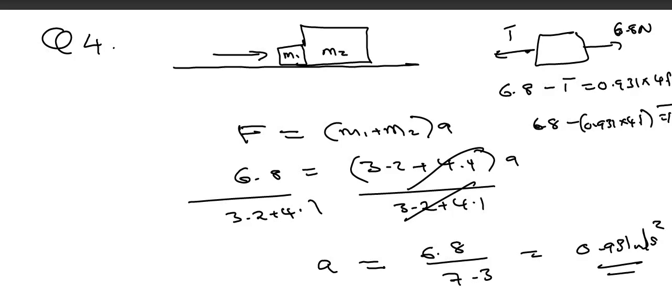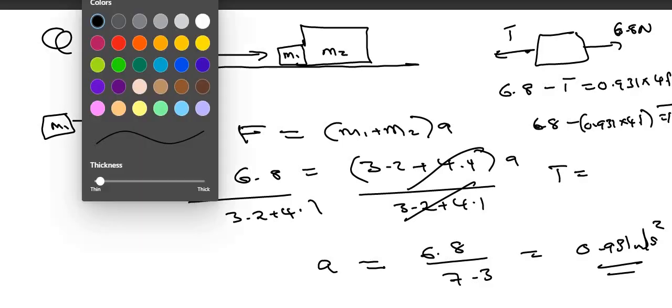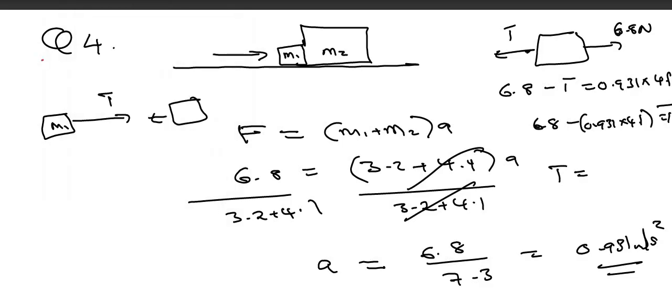Because they are pushing each other, with respect to M1, the tension is causing M1 to move. But with respect to M2, the tension is happening in the opposite direction, because according to the third law, for every action there's an equal but opposite reaction. So the tension is equal to, I'm using the first one here to get our tension.